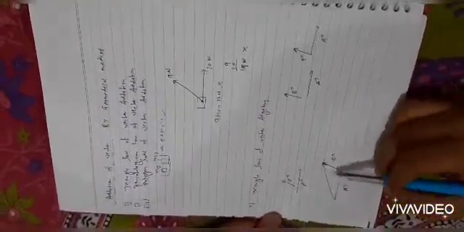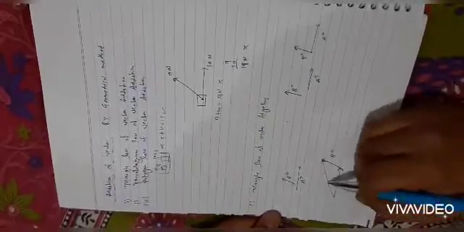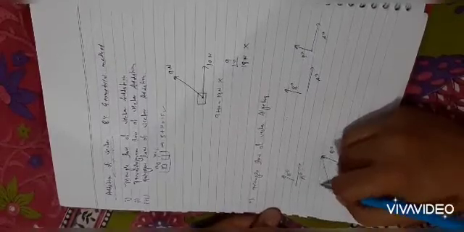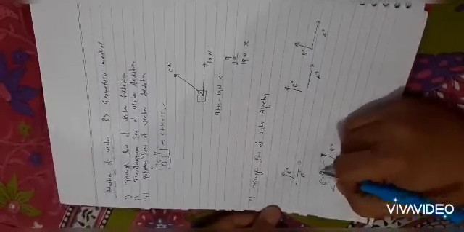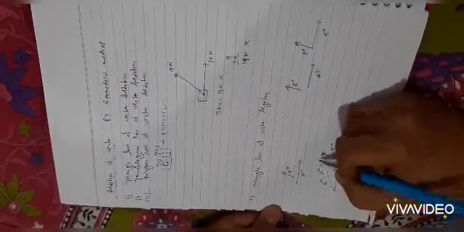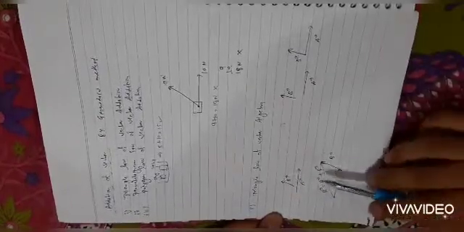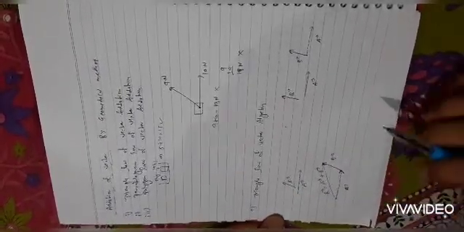That is your result, known as the resultant, represented by R. So the resultant will be vector A plus vector B. That is the triangle law of vector algebra. I hope you understand all the things that I explained.